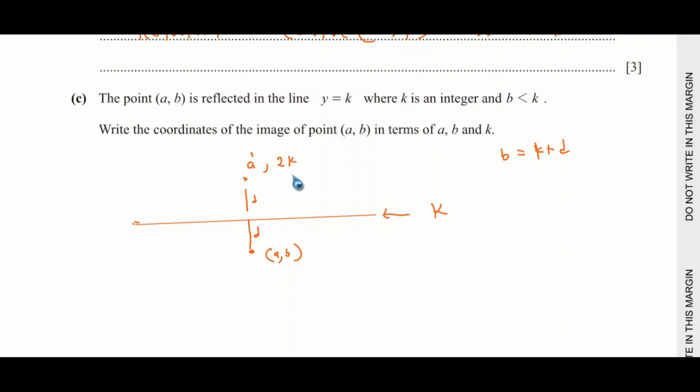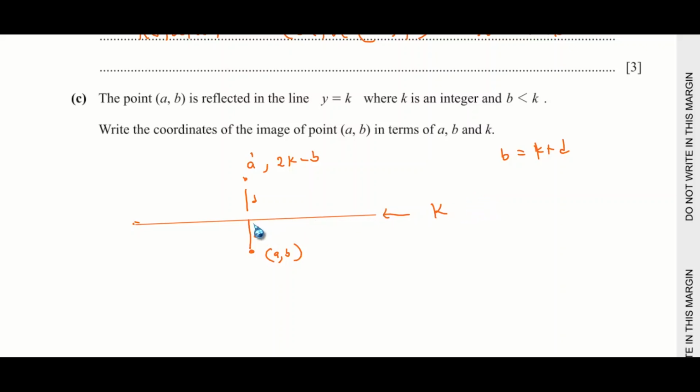Of course, this 2k will be too much, so then you need to subtract the value of b from it. So 2k minus b will be equal to k plus d. I'm going to show you a practical example for you to understand better.